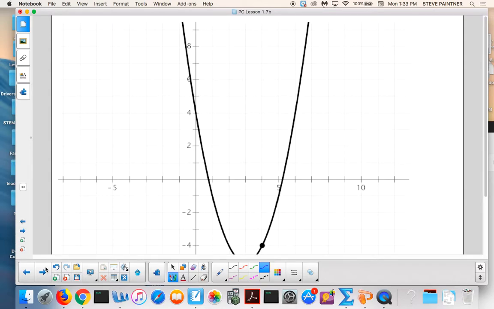Next, take a picture. Do it. With a picture, can you write the equation? And by the way, what parent is that? That's quadratic, so it's got to be f of x equals x squared. So your new function, call it g of x.